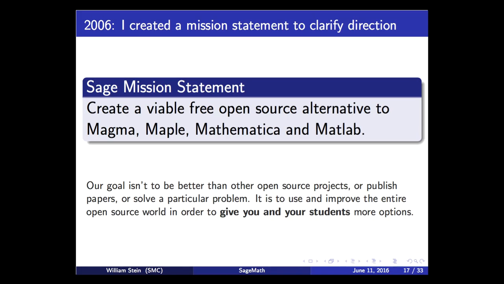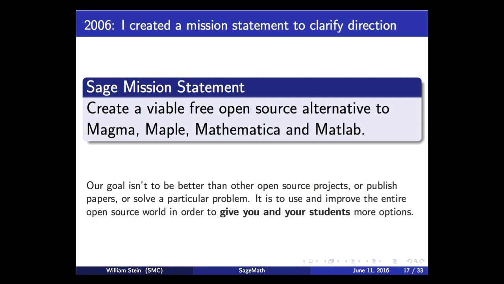It also, I think, very much clarified our relationship to other open source projects. And my impression was that before Sage, a lot of open source math projects would compete with each other. So you'd have Singular and Macaulay, for example, and they're both commutative algebra systems, or you have Cache and Gap, and they're both group theory systems that are open in some ways.